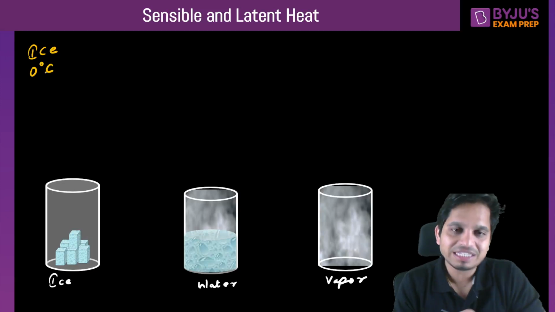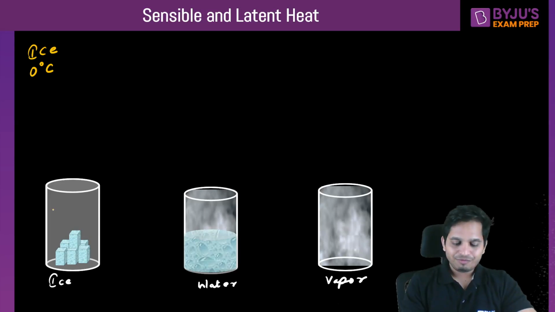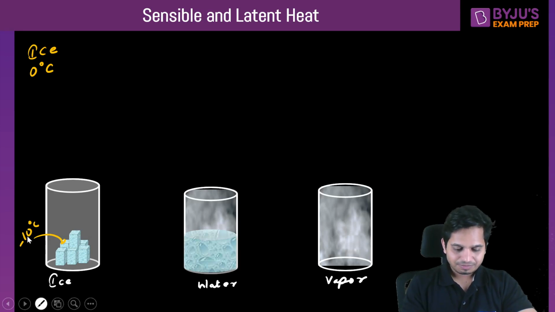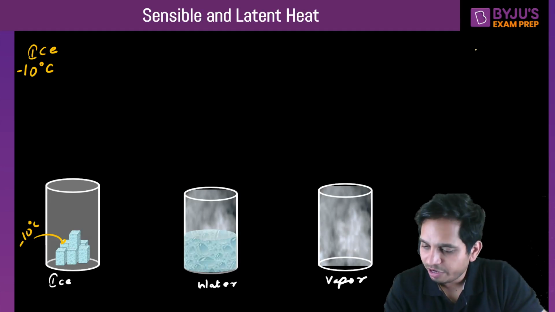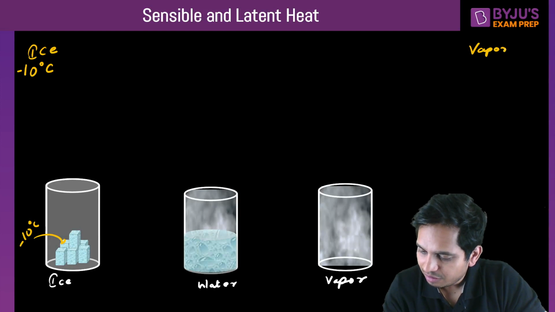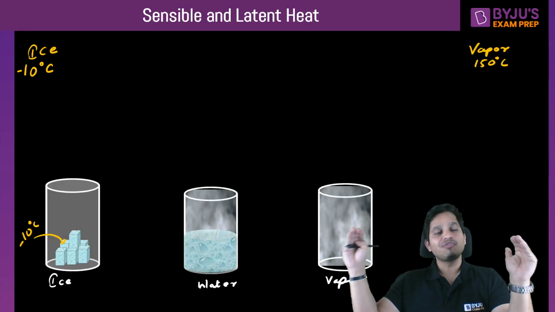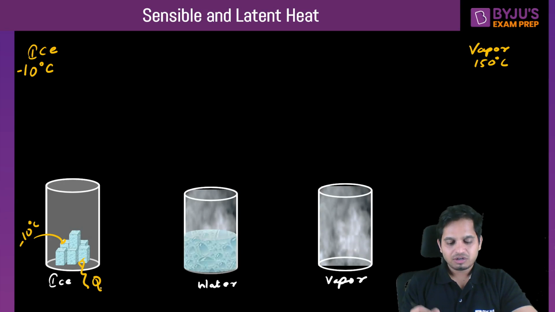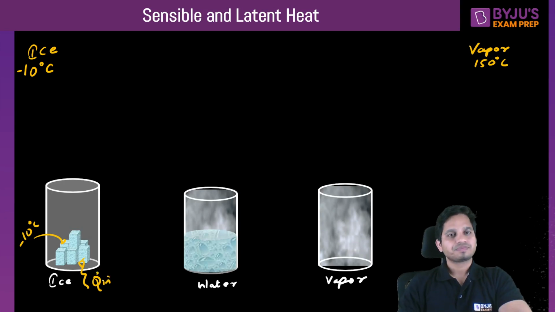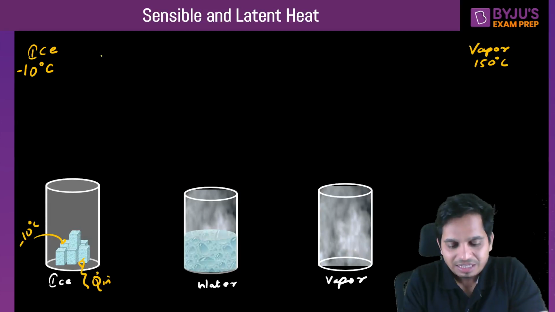We have this ice which is at minus 10 degrees Celsius, and we have to reach vapor at 150 degrees Celsius. This is the final condition we want to achieve. So we start giving heat to it, heat input. Now if we are giving this heat to this ice, then what will happen?